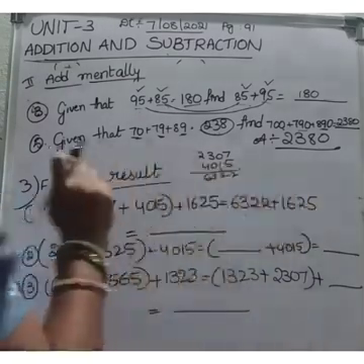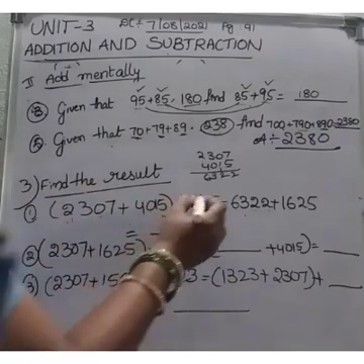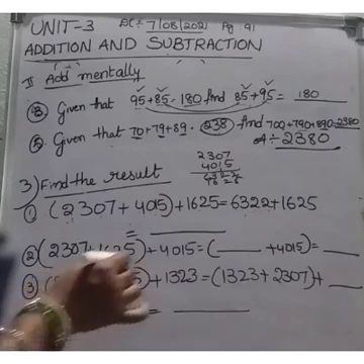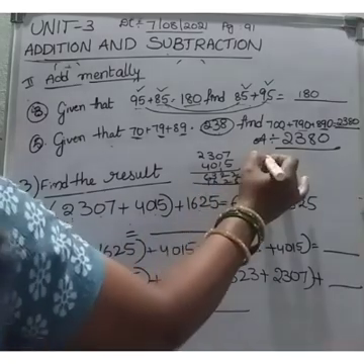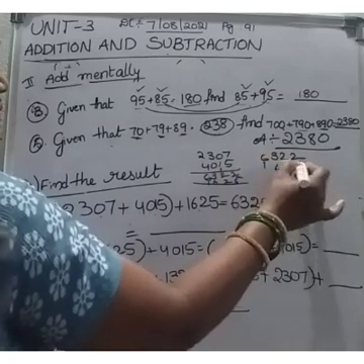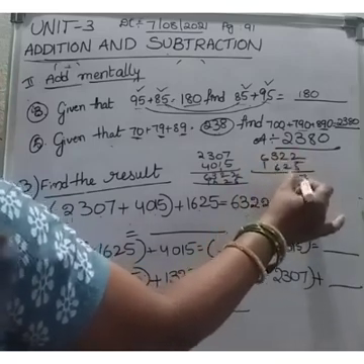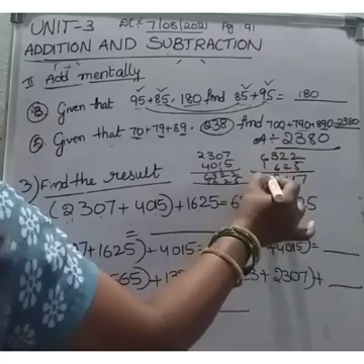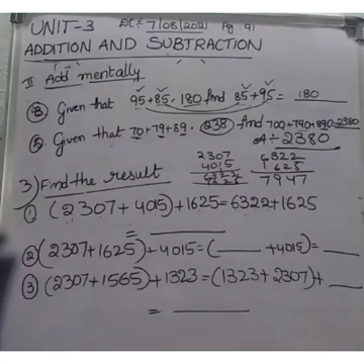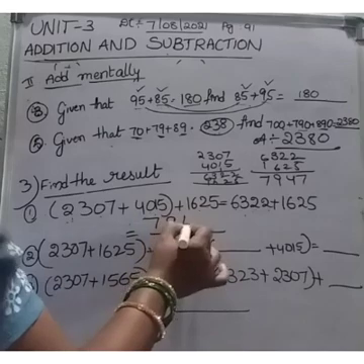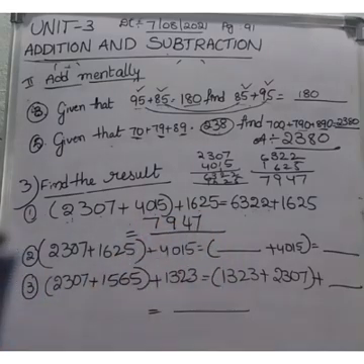So we have to add 1625. See, 2 plus 5 is 7, 2 plus 2 is 4, 6 plus 3 is 9, 6 plus 1 is 7. So the total is 7947.